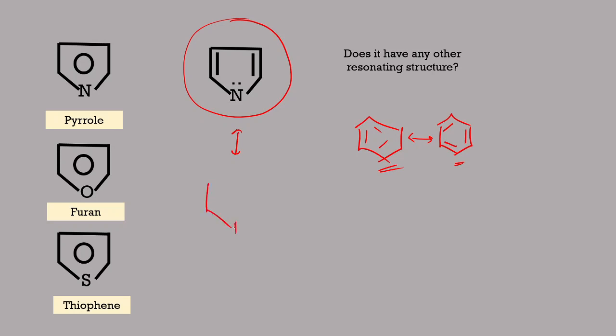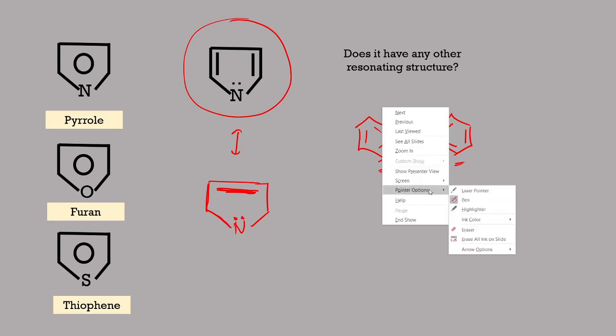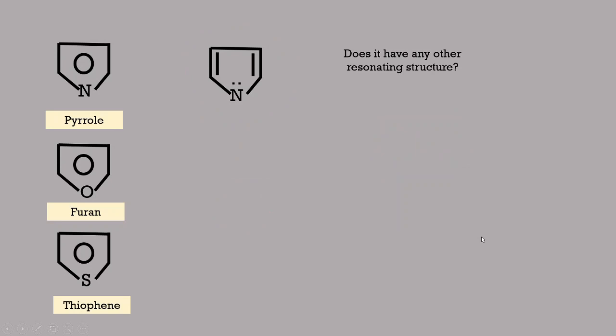Maybe you can try, let's say you want to have a double bond here, but that is not possible because the lone pair is always on nitrogen, and this will be too far from the double bond and it will not allow conjugation. So you can't have a double bond here. Basically, you have only one resonating structure for pyrrole.